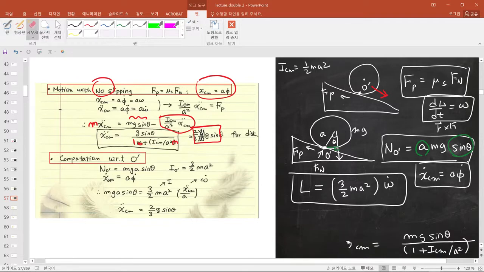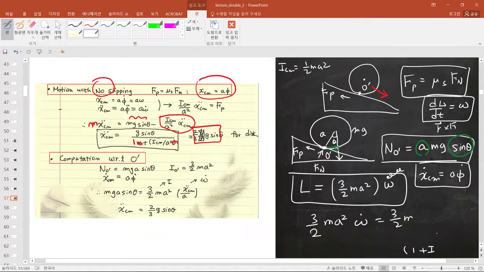So dL over dt is 3/2 m a squared times omega dot, which is equal to 3/2 m a squared. Omega dot is what?